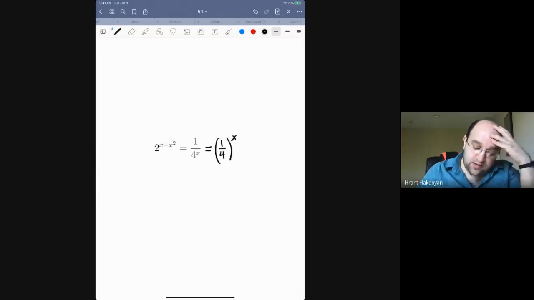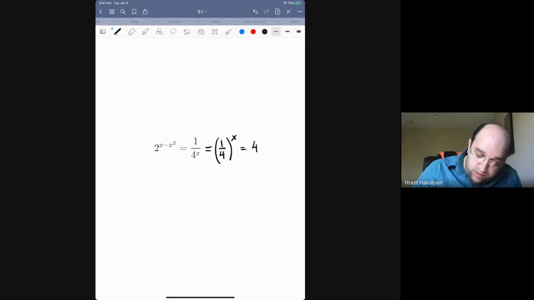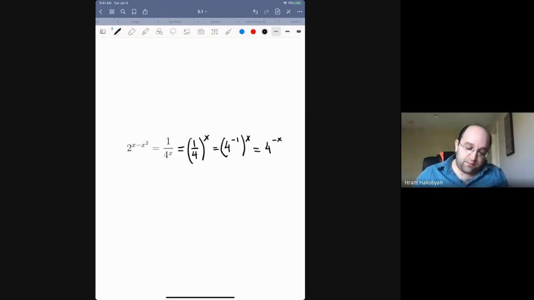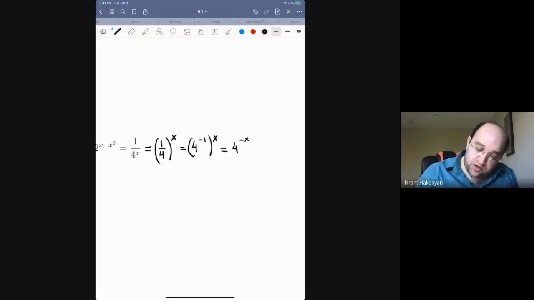Then I can write it as 4 to the power -x, or 4 to the power -1, all to the power x. So that's just 4 to the power -x. But then 4 I can write as 2 squared.